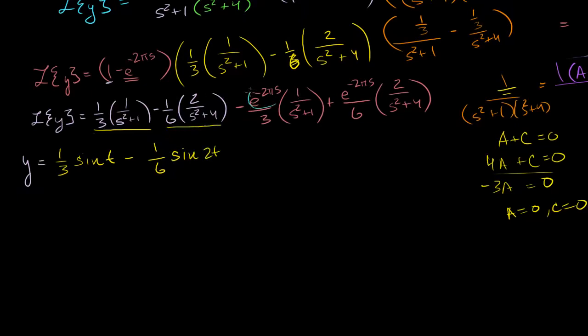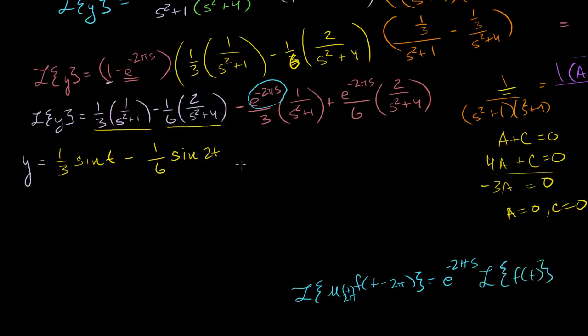We have this e to the minus 2 pi s. And there we just have to remind ourselves that the Laplace transform of the unit step function, 2 pi, times f of t minus 2 pi, is equal to e to the minus 2 pi s times the Laplace transform of f of t.